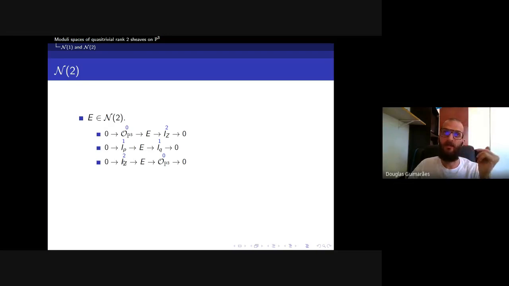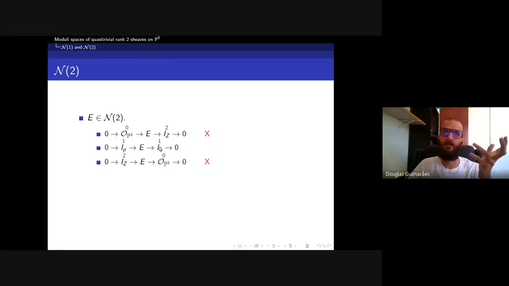And the last case we also don't have to care about, because whenever we have 0 points on the right side, that is the structure sheaf of P3 here, and this holds in more generality, we can always pass, in some sense, one point to the other side. So these two cases we should not care about, and we should only care about this middle case.